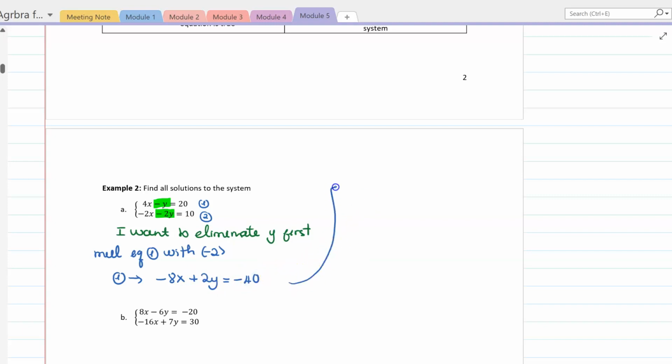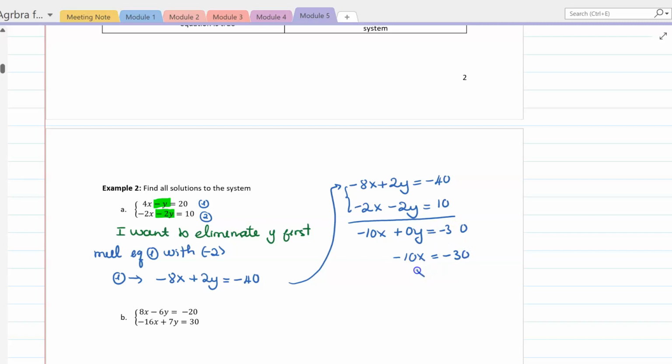The system now becomes negative 8x plus 2y equals negative 40 and negative 2x minus 2y equals 10. I'll go ahead and add these together. So negative 10x plus 0y equals negative 30. Note that we successfully got rid of y. So we solve for x here. Negative 10x equals negative 30, which means x equals 3.